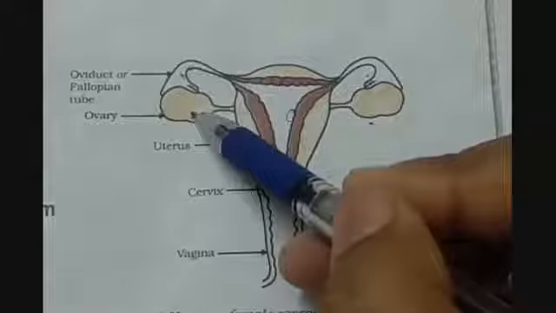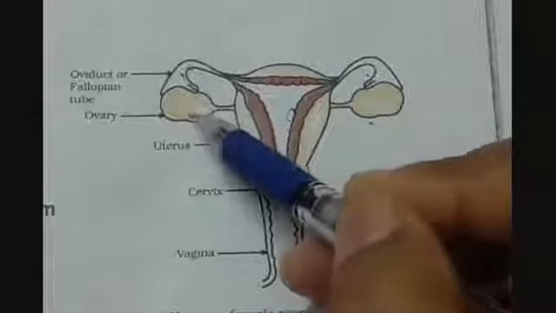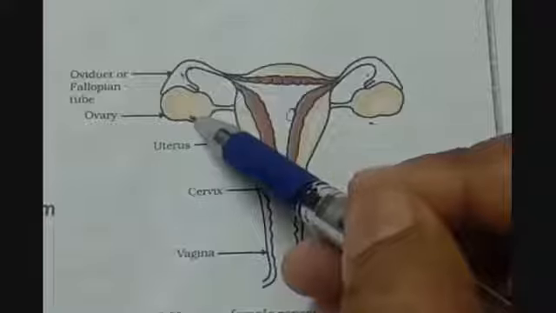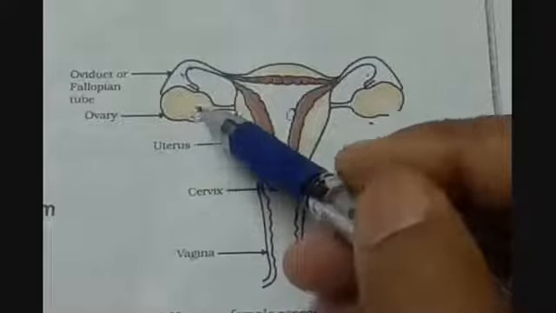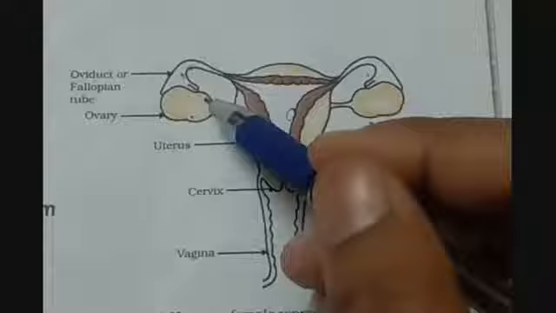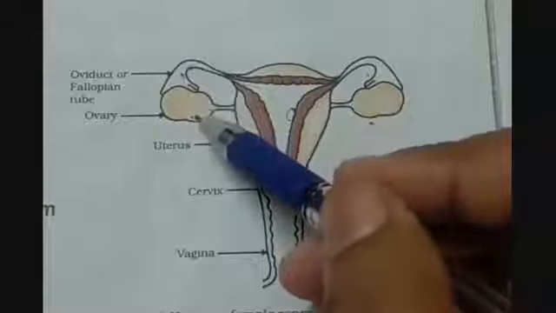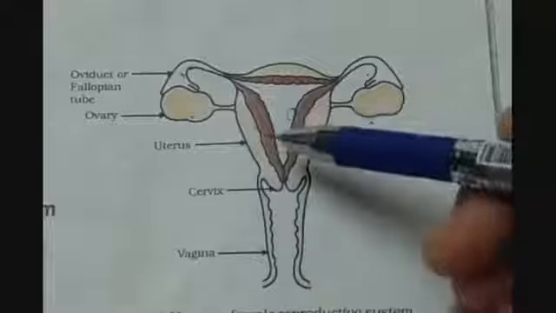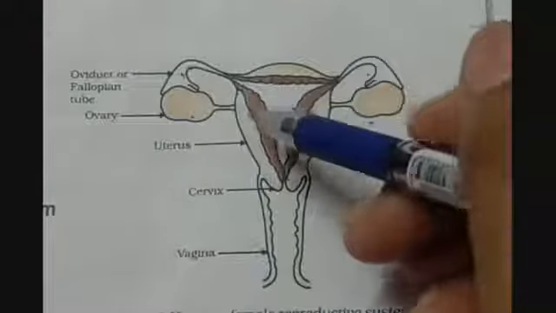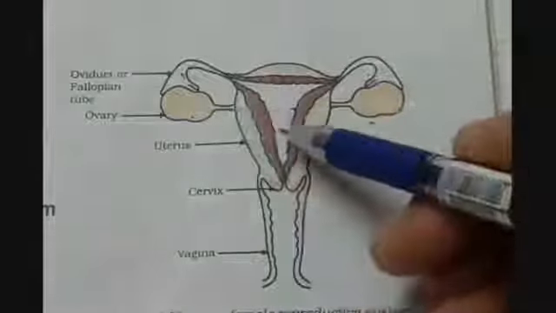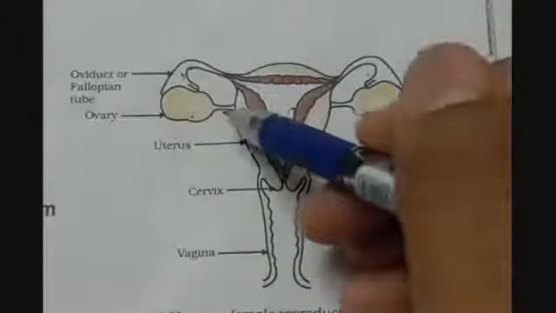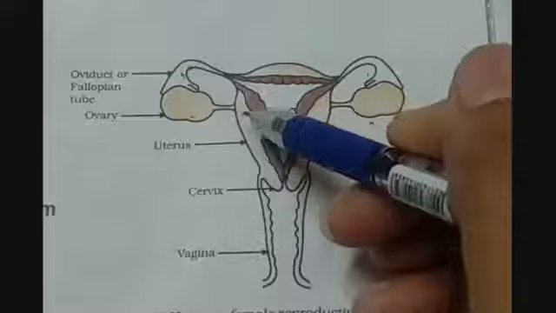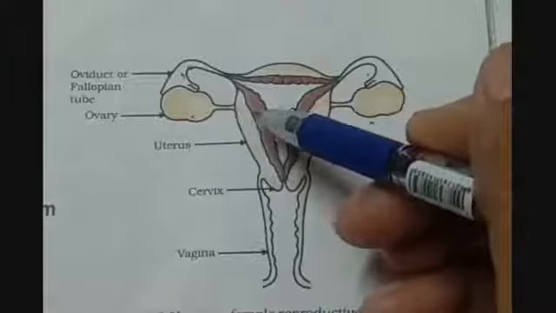Other than this, ovaries also produce the female sex hormones, progesterone and estrogen, which help in developing the reproductive organs of the female, and also help in regulating the menstrual cycle along with the development of all other secondary sexual characteristics of a female.